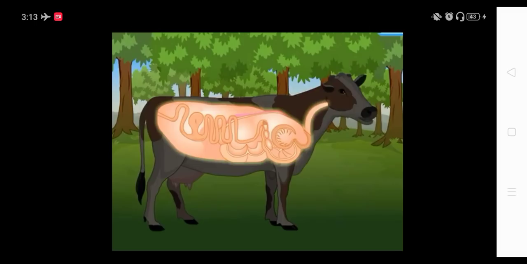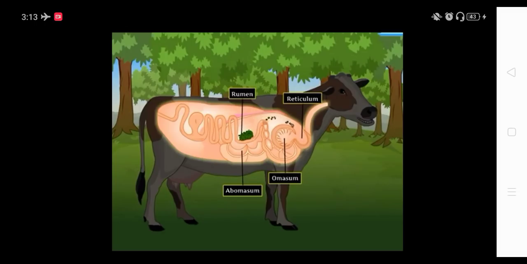The animal's stomach is divided into 4: rumen, reticulum, omasum, abomasum. The animal first swallows the food which goes into the rumen. In the rumen, partial digestion of food takes place, and this partially digested food is known as cud. Now in the form of small lumps, it first goes to the reticulum, and through the esophagus it goes back to the mouth.